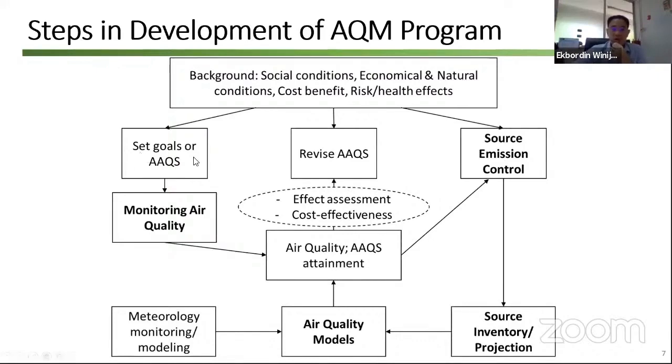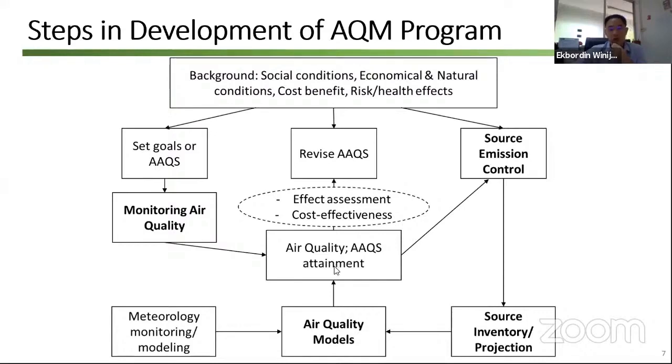And then to confirm with this ambient air quality standard, we set the monitoring station, right? The monitoring station will give you the concentration of the pollutant in the area, so that you know whether the concentration of the pollutant in the area can be confined with the standard or not.